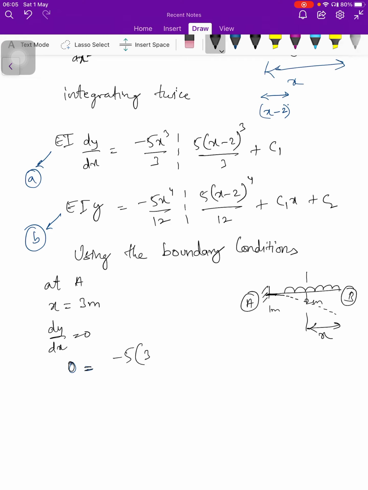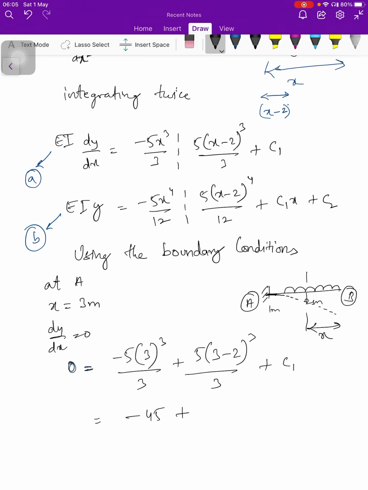minus 5 into 3 cube by 3 plus 5 into 3 minus 2 whole cube by 3 plus c1. This is equal to minus 5 into 9 is minus 45 plus, now 3 minus 2 is a positive number, so this is to be considered now.